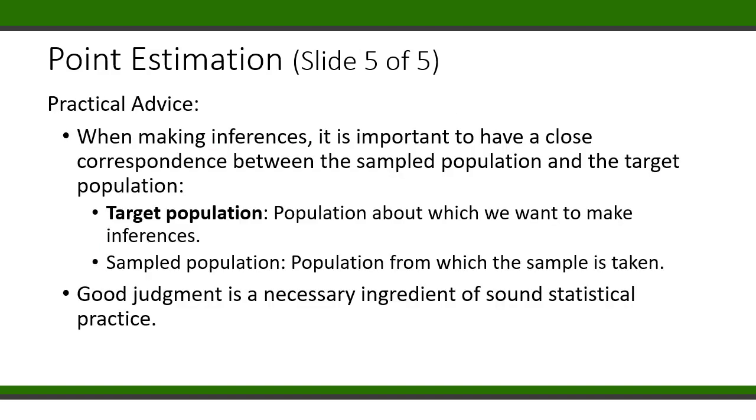So then the question is, once you have the sample, what can you say about the overall population? Some advice there is to have a close correspondence between the sample population and the target population. The target population, or what I call the overall population, is what we want to make inferences about.